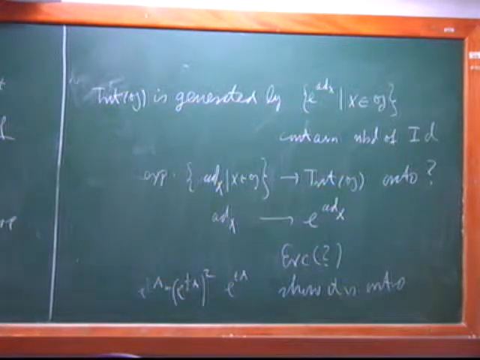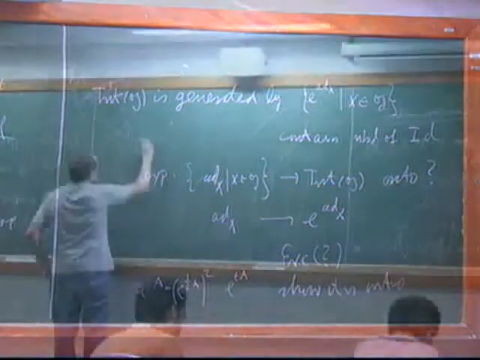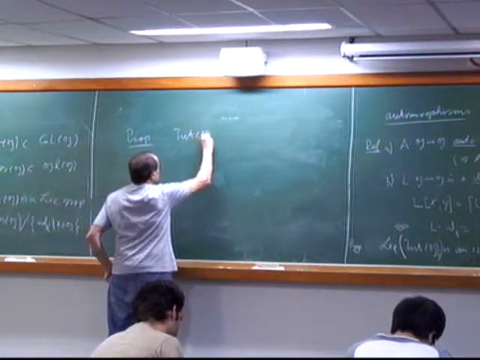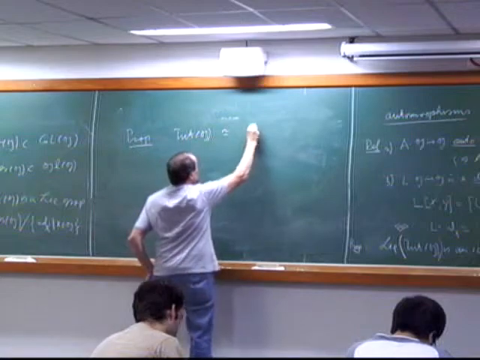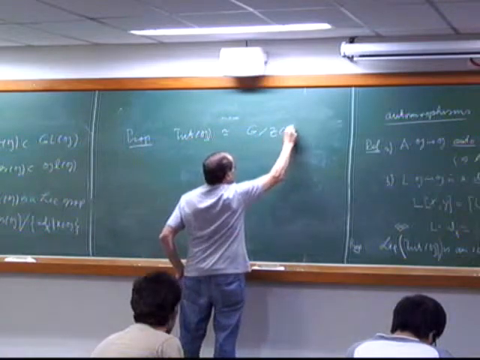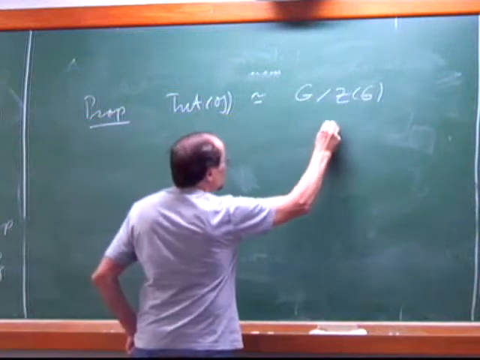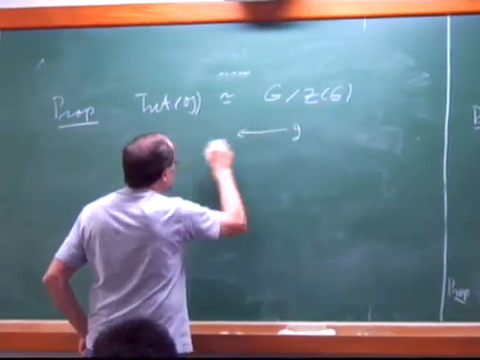But I can view it in a different way, which is useful. I can view Int G as isomorphic to G mod the center of G. And the automorphism goes from g to Ad g.